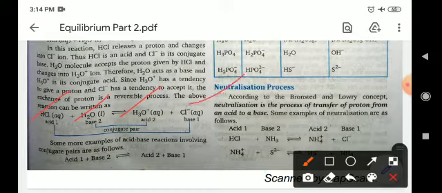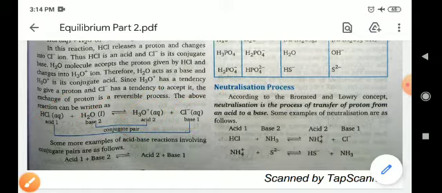So in the reaction of an acid and a base, the species which forms in the form of a cation is known as the conjugate acid, and the species which carries a negative charge is known as the conjugate base.